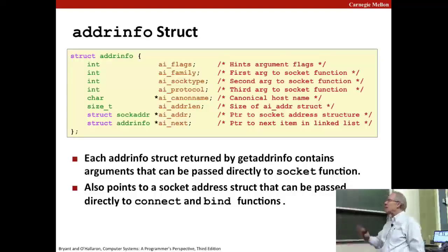Hints is what you're passing in, some conditions about what you're looking for in this request. Some of these fields you pass in and some it returns. Some of these fields you can then use when making calls to other socket functions in the socket library. It'll fill in the structure, the format of a sockaddr_in, and converting into network order, and it will do all that for you.